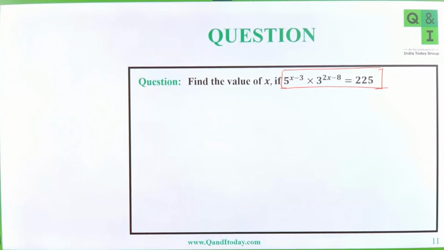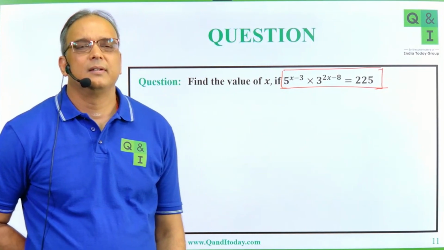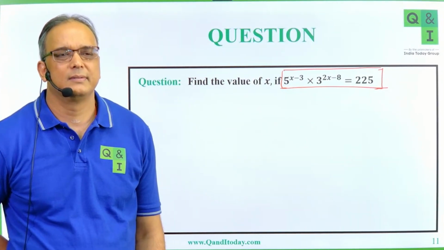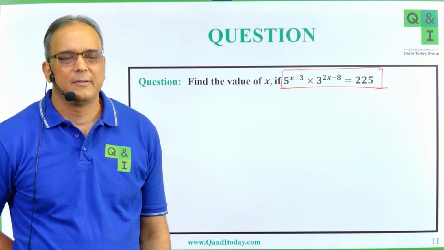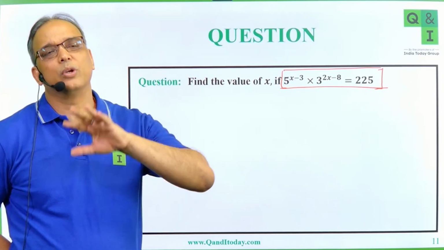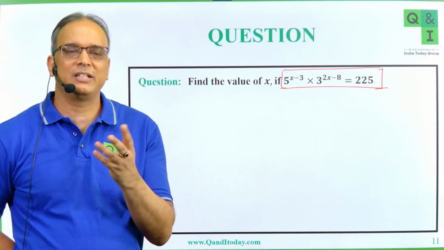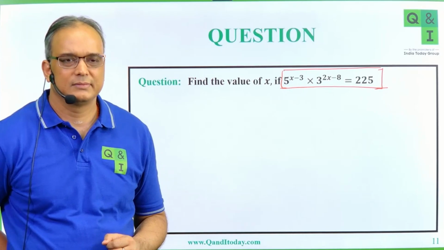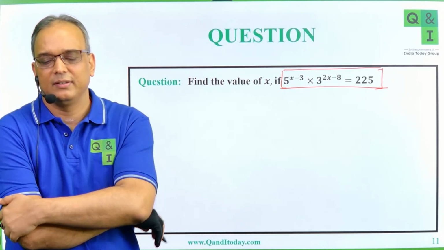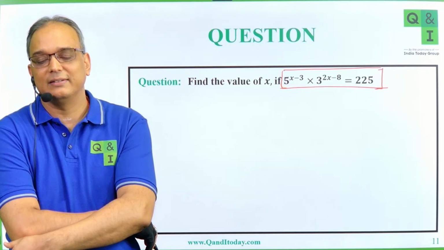Sir, firstly, we will solve the 225 in the simplest form in the exponents. Yeah, so we will convert 225 as prime factors and then in exponents of prime factors, right? Yes, sir. It will be 15 square. Okay. So 15 square means 3 square into 5 square, right?